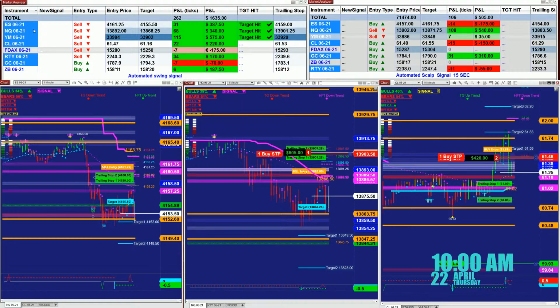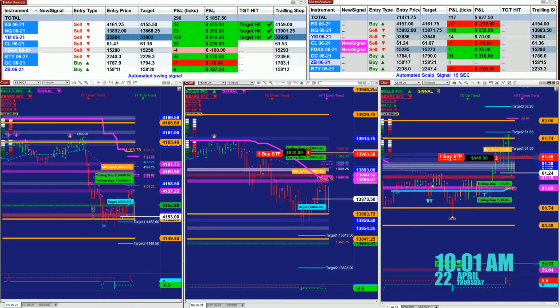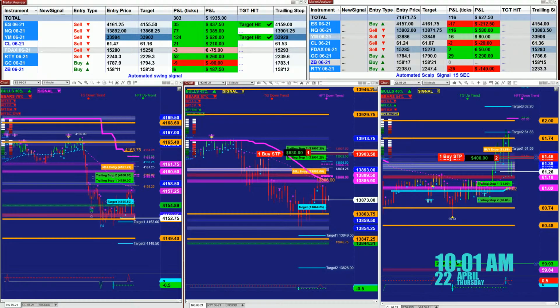For the ones that just joined us, we have a market analyzer in the upper left corner and another market analyzer in the upper right corner. As you see here, there are new signals, and once a signal fires, the auto trade will start taking a trade. Then you can decide how many contracts you want and start trading.